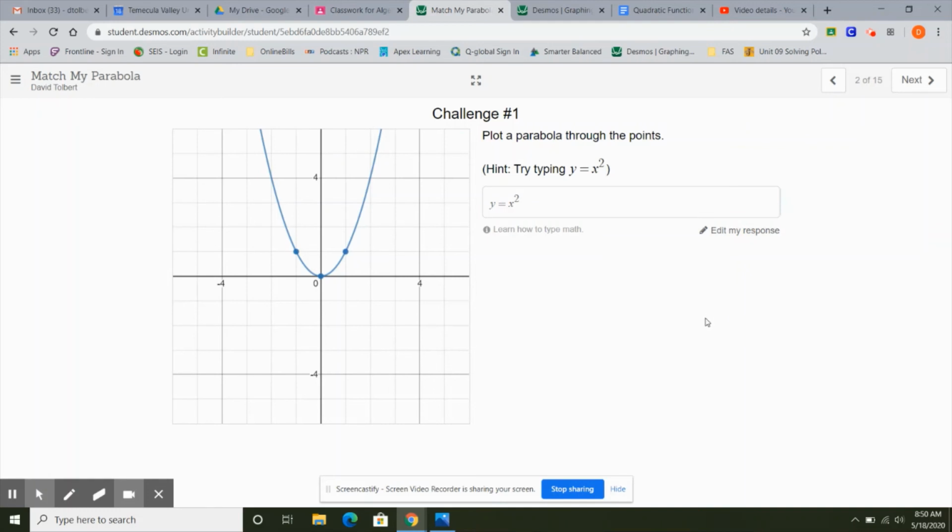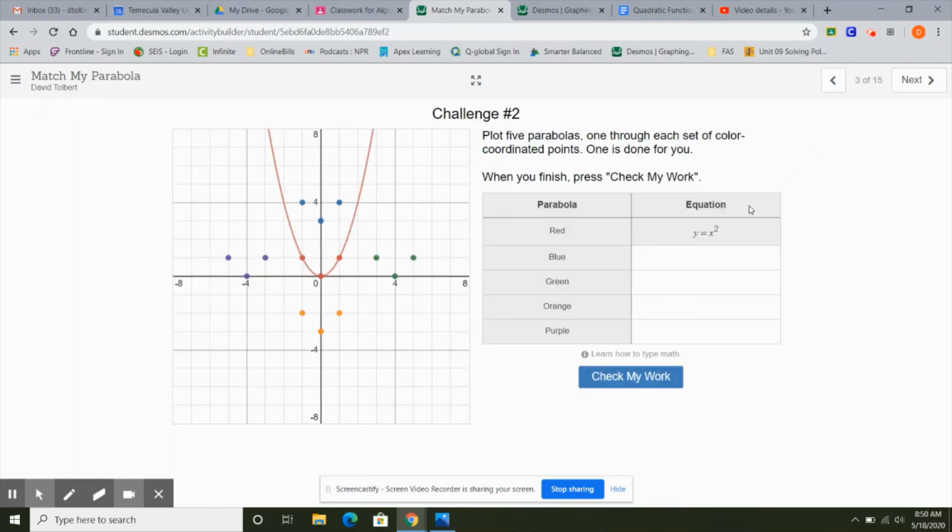And so I'm asking you to just continue to go through these slides as far as you can go. You can see that these are all pretty similar. And if you looked at the observation notes, you would know how to translate it left or right, or how to translate it up or down. We can see by the position of those dots that we're not reflecting, so there's no negative.